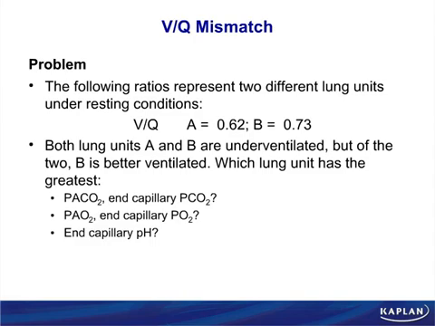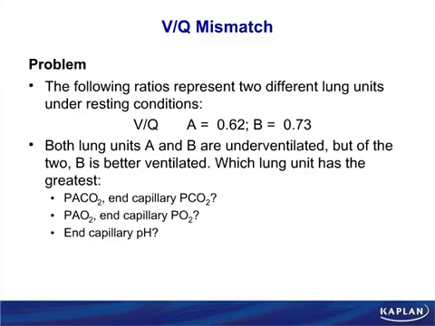First thing you should do is think about what the relative amount of oxygen, CO2, and pH is in A compared to B. All right. B is better ventilated, right, compared to A. Or you could say A is underventilated compared to B. So because A has a lower VQ, hopefully you said, okay, what's going to happen with oxygen?